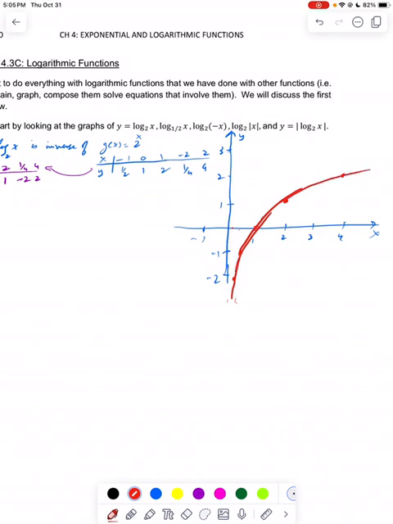So this is how you can draw the function. This is the log base 2 of x.